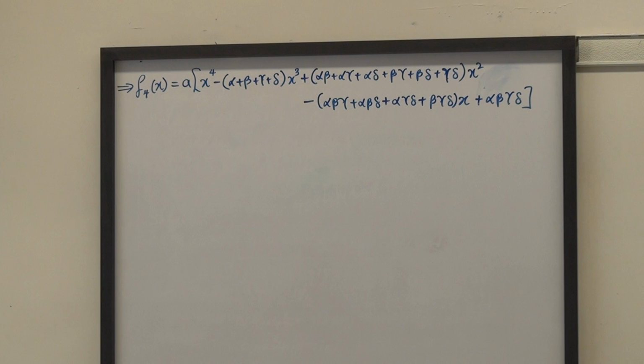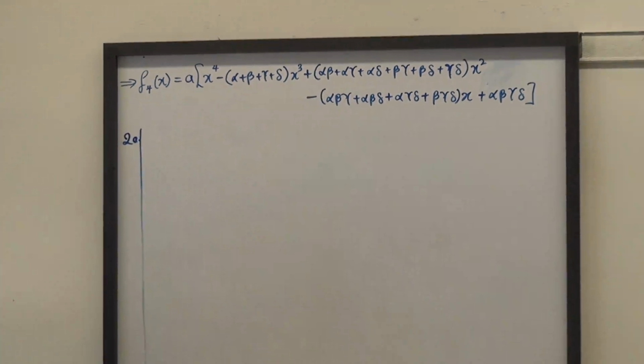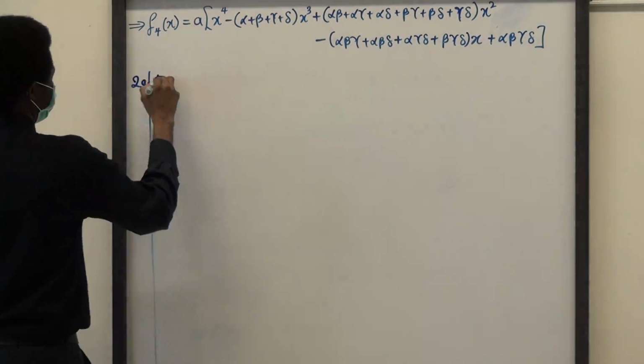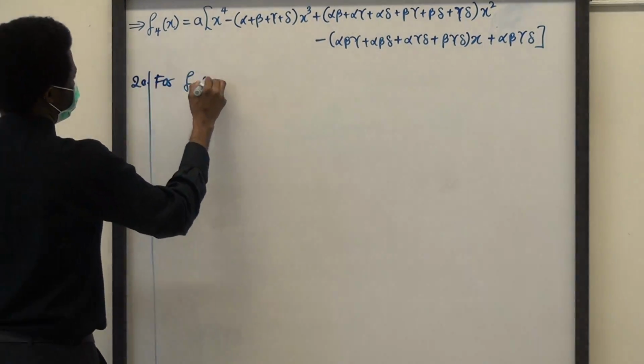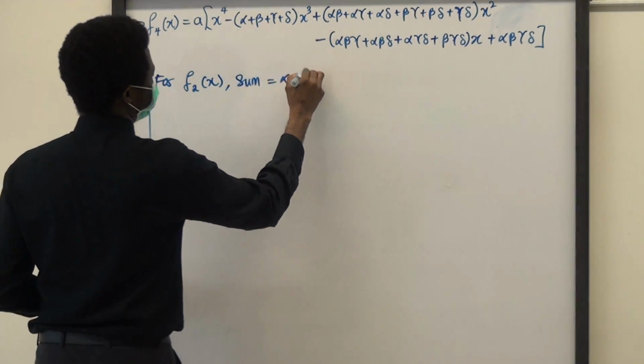Okay? Now, the next thing is, for each of these, write down the sum and product of roots. In the next question, I do not expect anything complicated. Just pick the first one. What are the sum of roots and product of roots? That's all. For f2(x), the sum, there are just 2 of them.